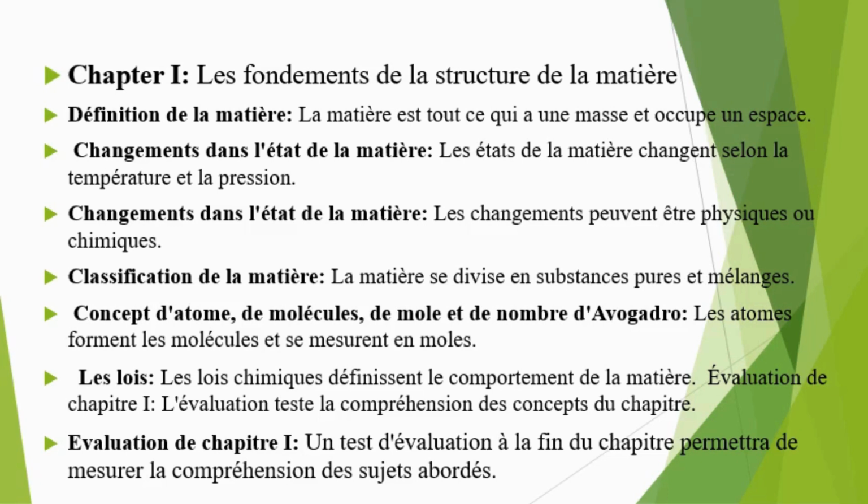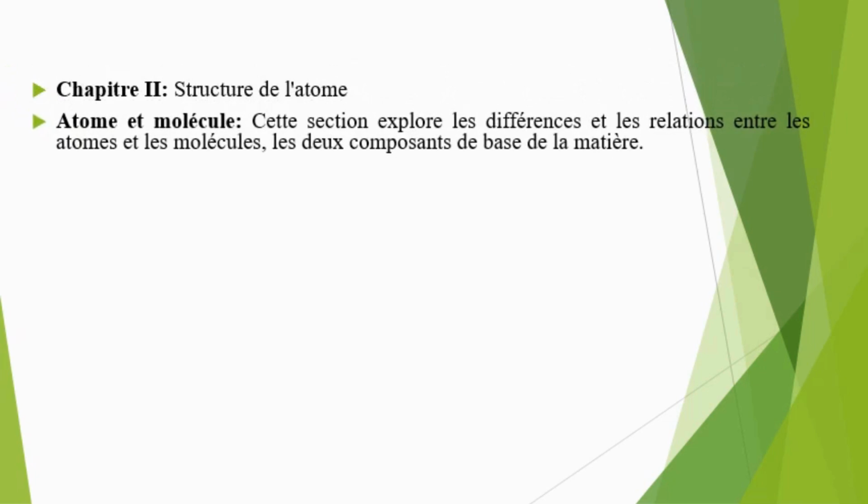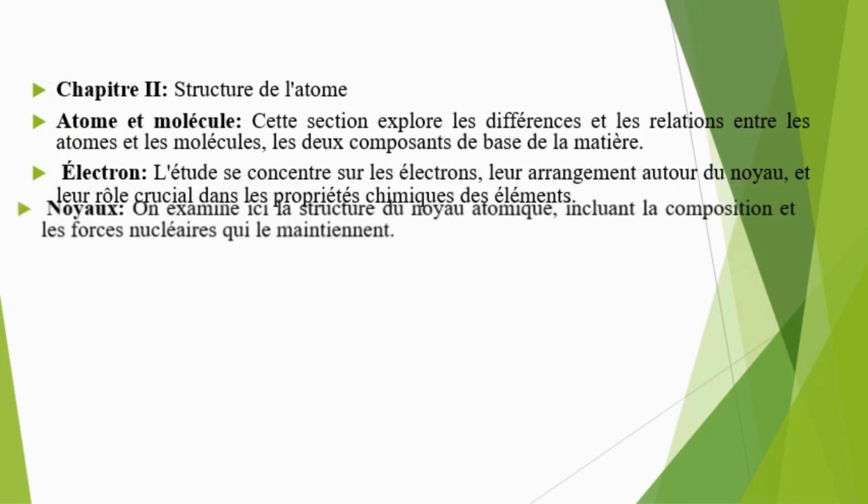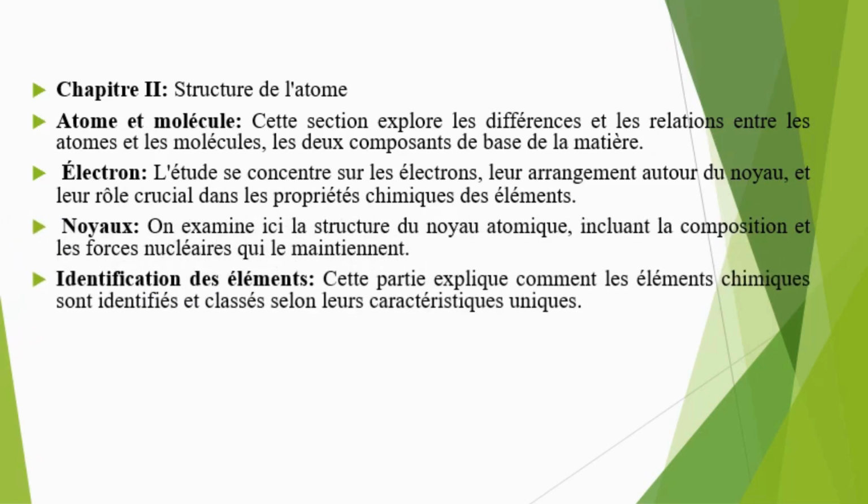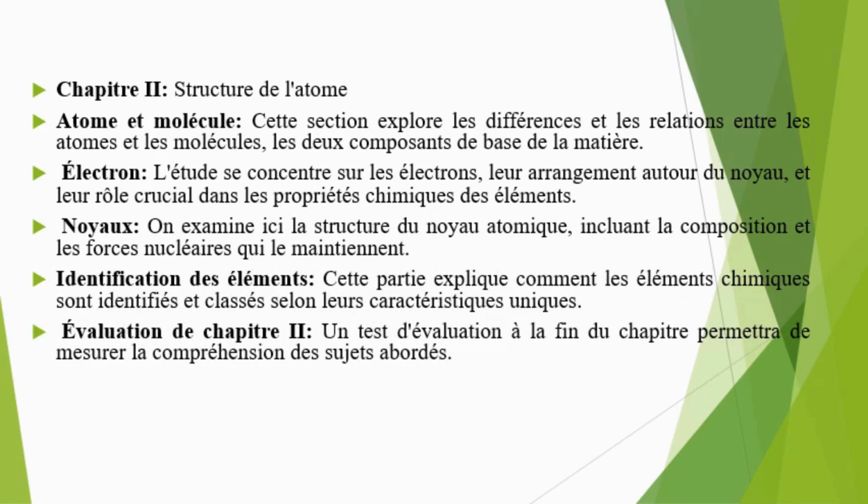Ce test permettra de mesurer la compréhension des sujets abordés. In chapter 2, les structures de l'atome, atomes et molécules. Cette section explore les différences et les relations entre atomes et molécules, les deux composants de base de la matière.